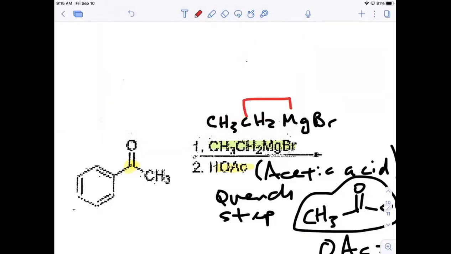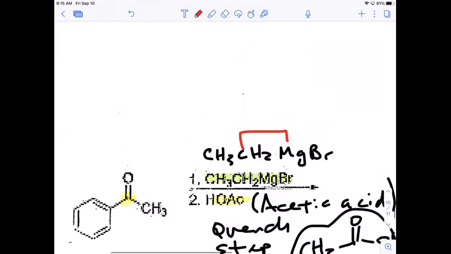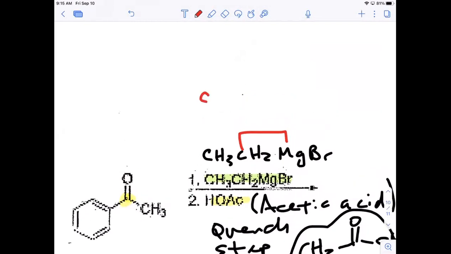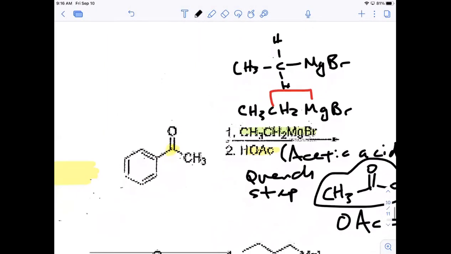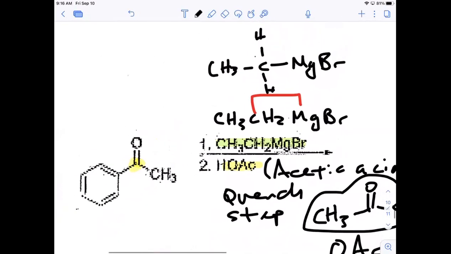That's important because when you add it to an electrophile, you need to know which carbon is going to actually attack the electrophile. So I'm actually going to draw that out so you can see it. It looks like this. And remember, because it's an organometallic, the bond between magnesium and carbon is covalent. It's not ionic, and it's polarized towards carbon. So that's why carbon is nucleophilic.